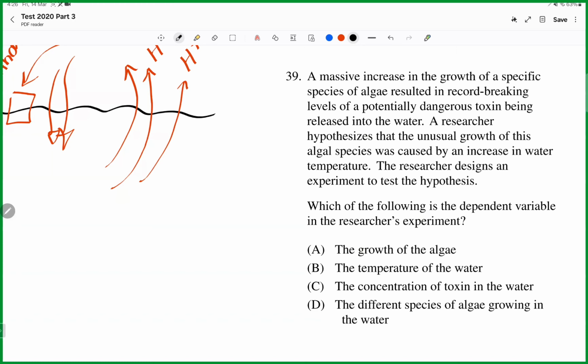And now he wants to test his hypothesis. Which of the following is the dependent variable? Yeah, he's looking at their growth. Exactly. No, dependent means he's observing it. He's not controlling it.